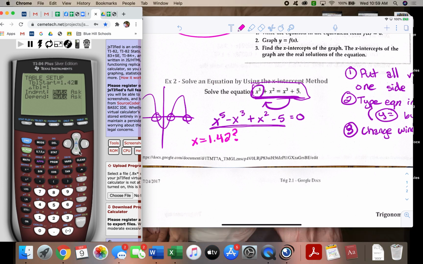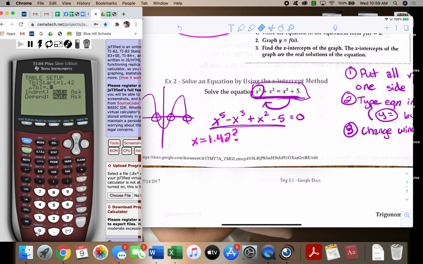Okay, but I want to go by ones because it's going to go 1.42, 2.42, 3.42, 4.42. I want it to go by 0.001 because then that's going to give me 3 decimal places instead of just 2. Does that make sense? It's going to start me at 1.42 and it's going to give me 3 decimal places instead of just 2. Okay?